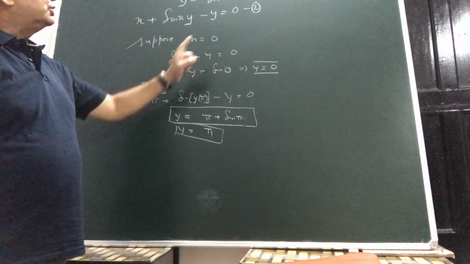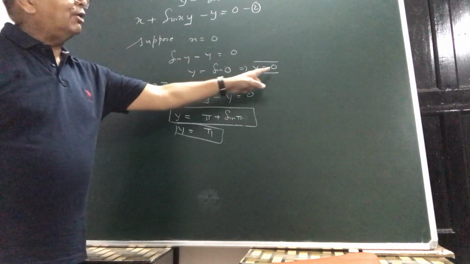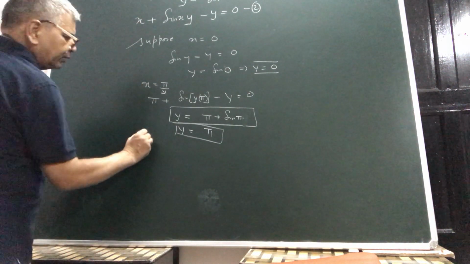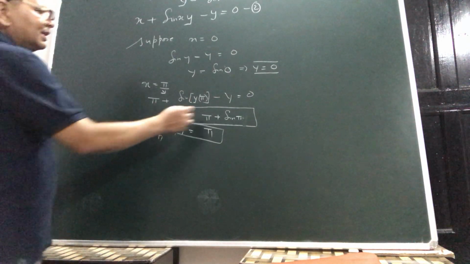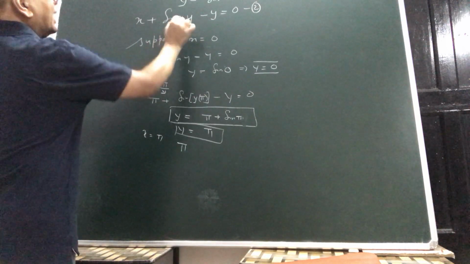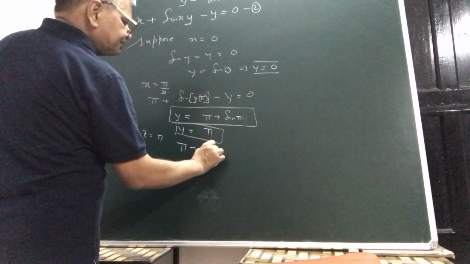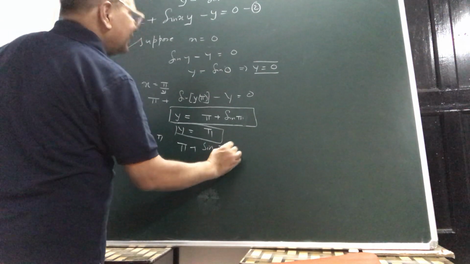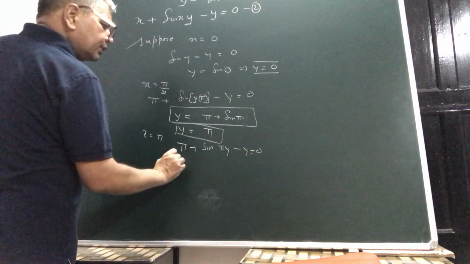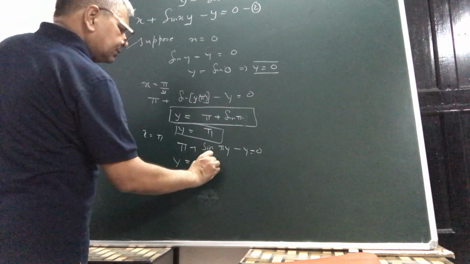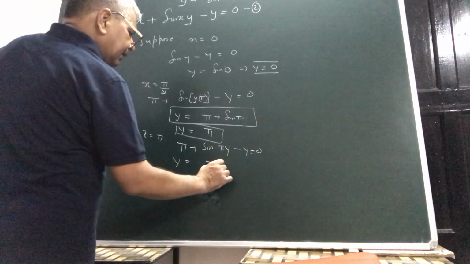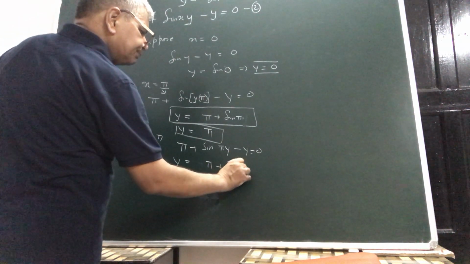When I put x is equal to 0, then the value of y turned out to be 0. Similarly, just now you have seen that if I put x is equal to only pi, then what will be the value of y? It will be pi plus sine pi y, and minus y is equal to 0, giving y is equal to pi plus sine pi y.